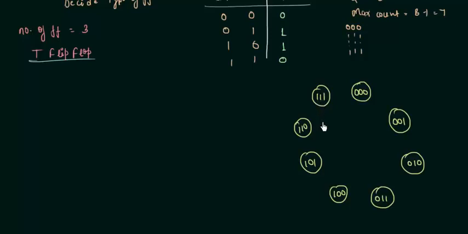This is our maximum count, and you can see we have to make the up counter. So the counting will start from 0, then we will have 0 0 1, 0 1 0, that is 2, then 3, 4, 5, 6, 7, and again we have 0. So this is the state diagram, and by using this state diagram we have to make the circuit excitation table.